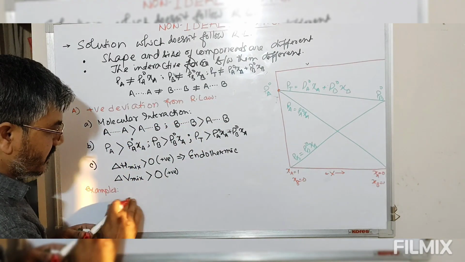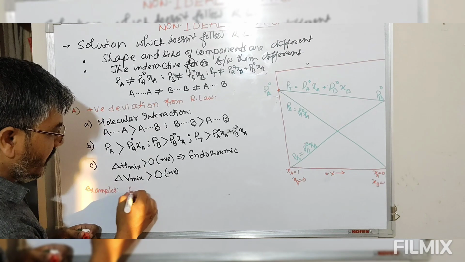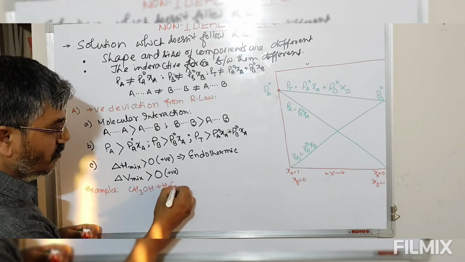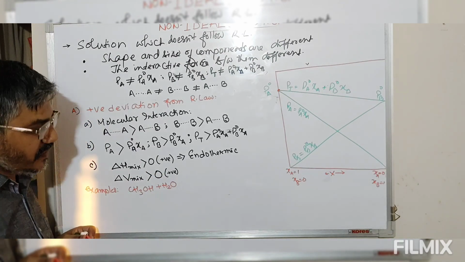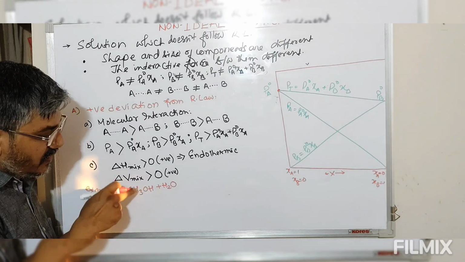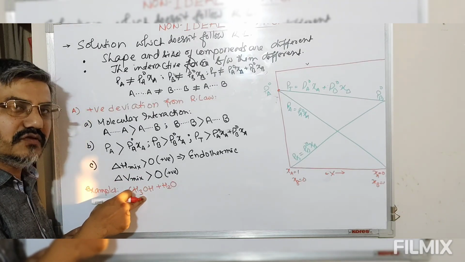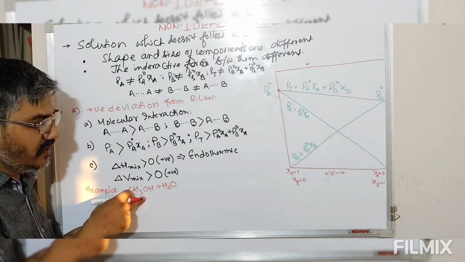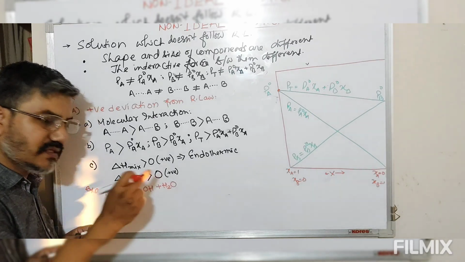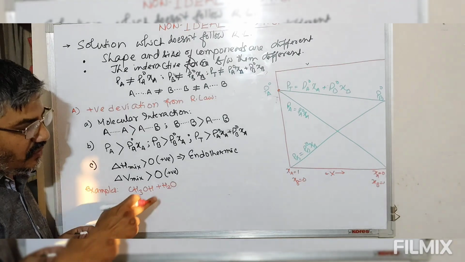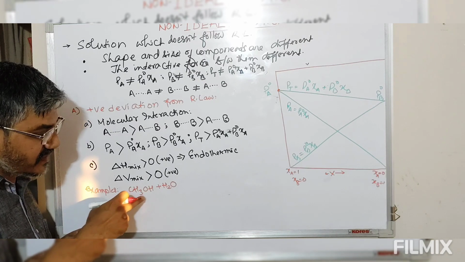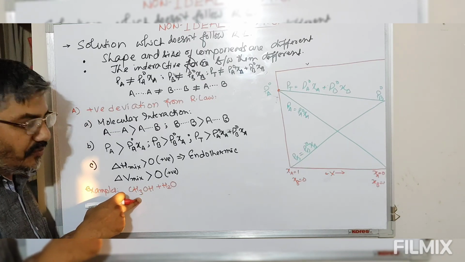Now let's take this mixture. We have methanol plus water. Now look at this. In water we have hydrogen bond between water molecules, and again in alcohol molecules we also have hydrogen bonds. Now when this alcohol is mixed with water, again there is hydrogen bond. But now look at this, the strength of hydrogen bond in water is stronger than the strength of hydrogen bond in methanol.